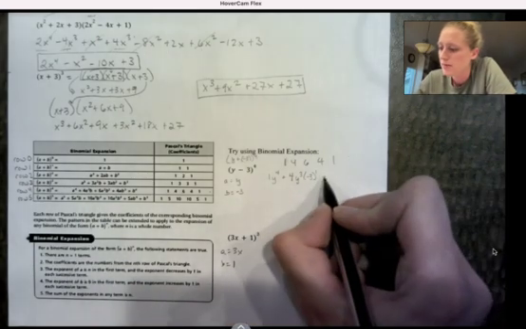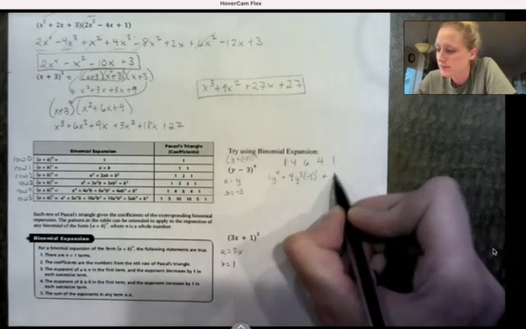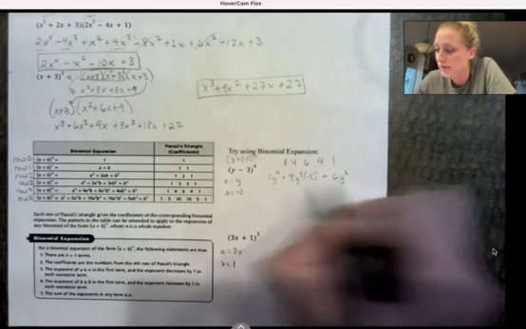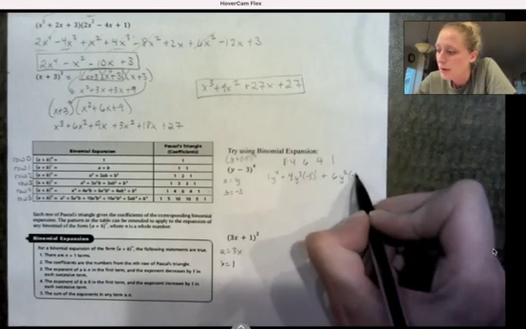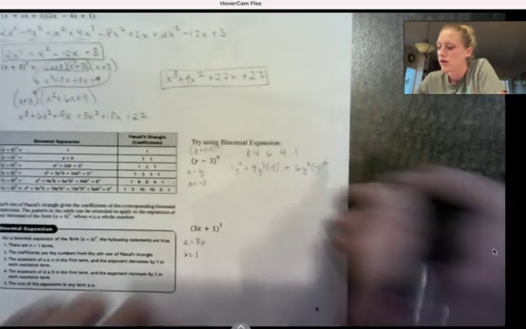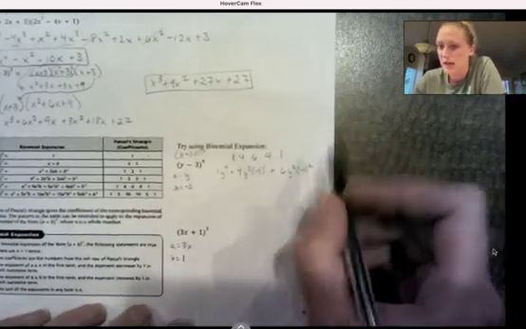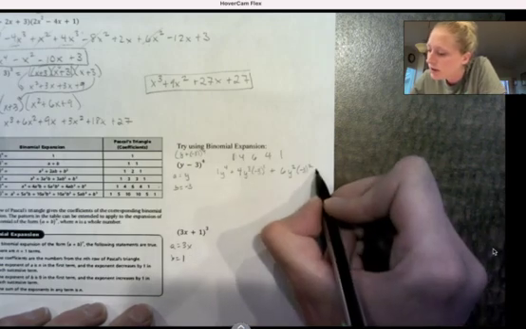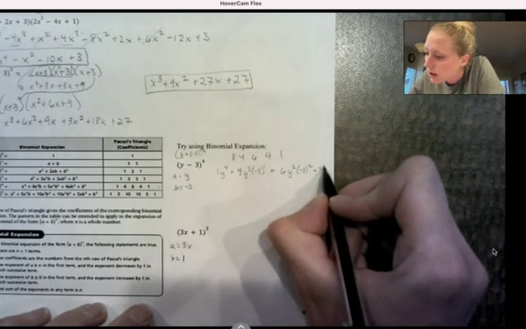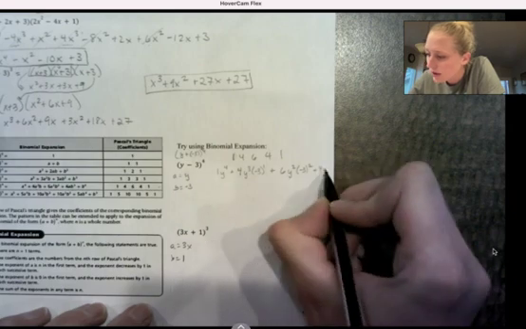Okay, so now I'm going to continue. So now I have 6y squared this time, so the y's are going down by 1 in the exponent. The negative 3 is going to go up by 1. And of course I'm going to run out of space. Then I have 4, so now I have plus 4, y is going down by 1, so now it's to the 1st.